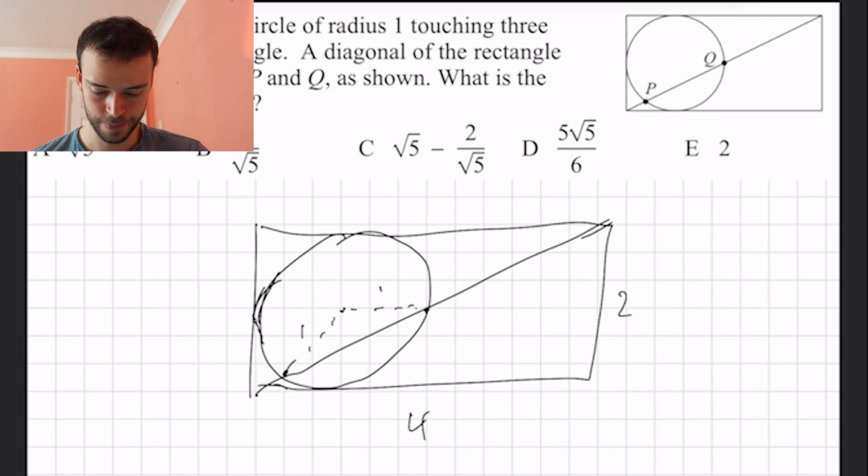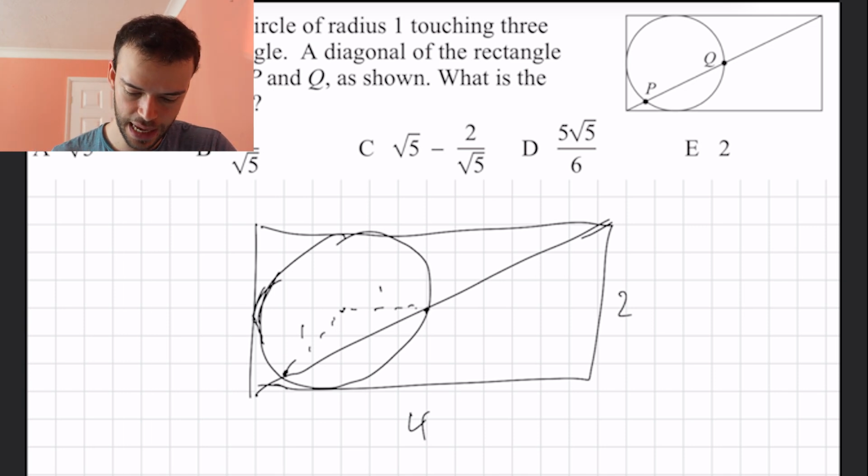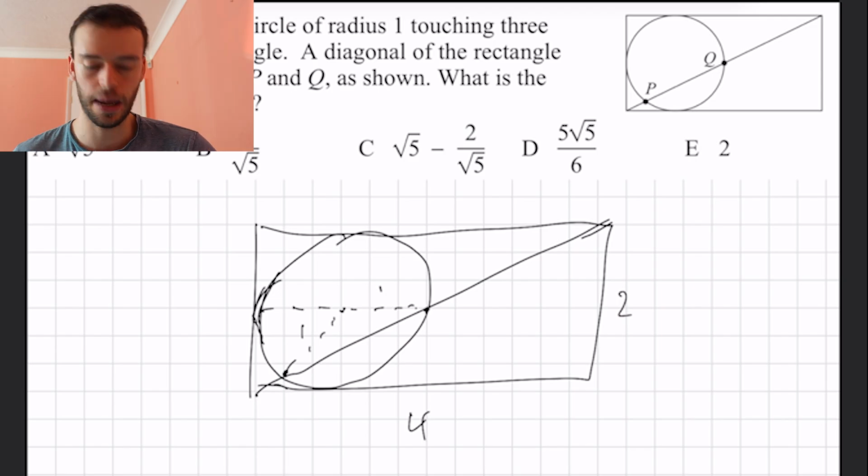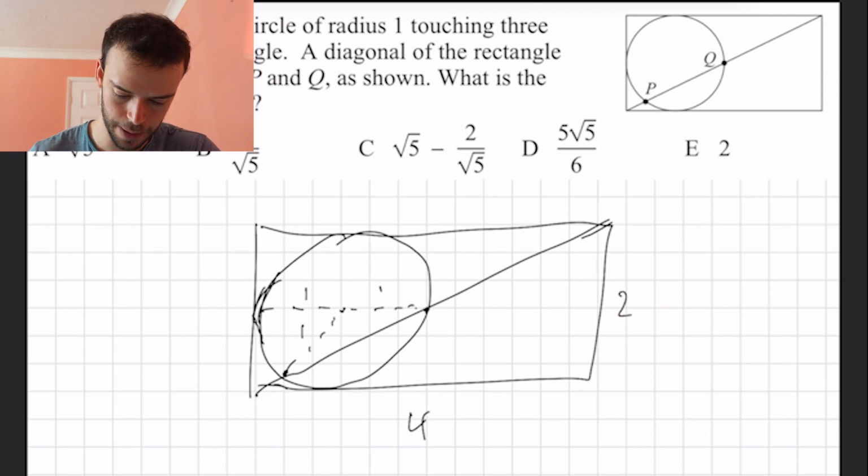Now, one interesting thing that I've spotted here is that if we create a diameter for the circle, the length of that diameter is going to be 2, 1 plus 1. And we also know that this height here is going to be 1.